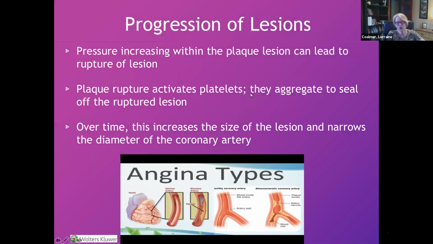All right, pressure increasing within the lesion can lead to rupture of the lesion. If we have a plaque rupture, and this is where that platelet aggregation occurs, and all that fancy word means is they clump together, and those clump together and cause a blockage.